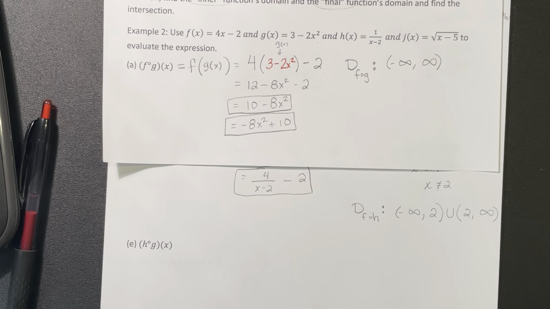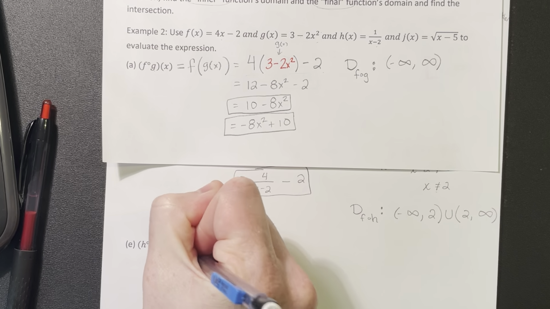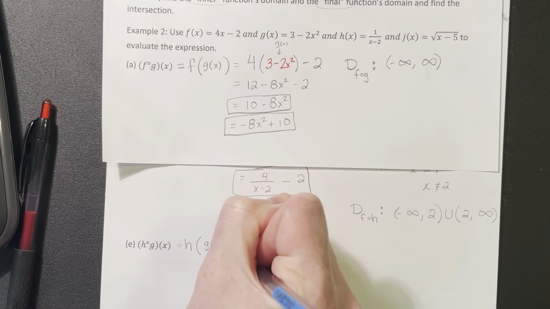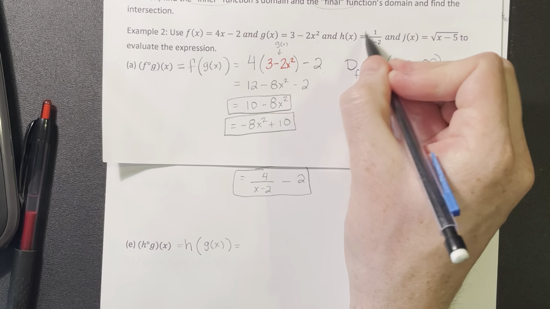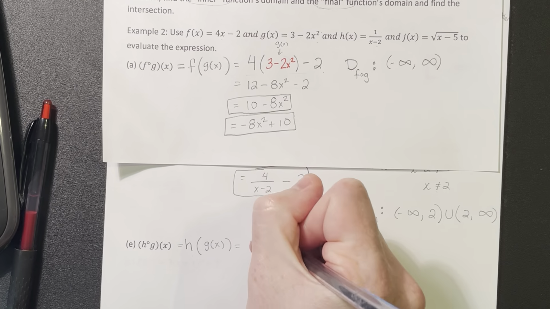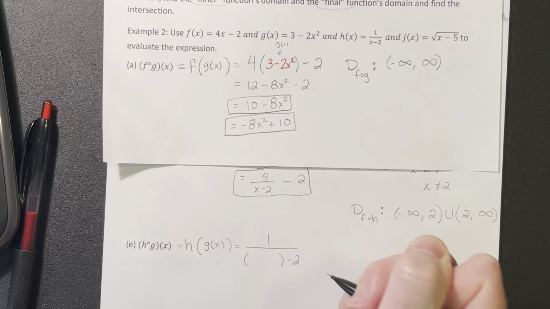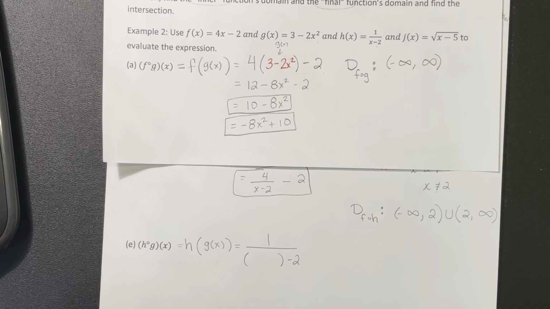The last one here, E, says h of g. So h of g means that I'm going to start with h and input the g function. H is 1 over x minus 2, so 1 over x minus 2. And now let's input g.